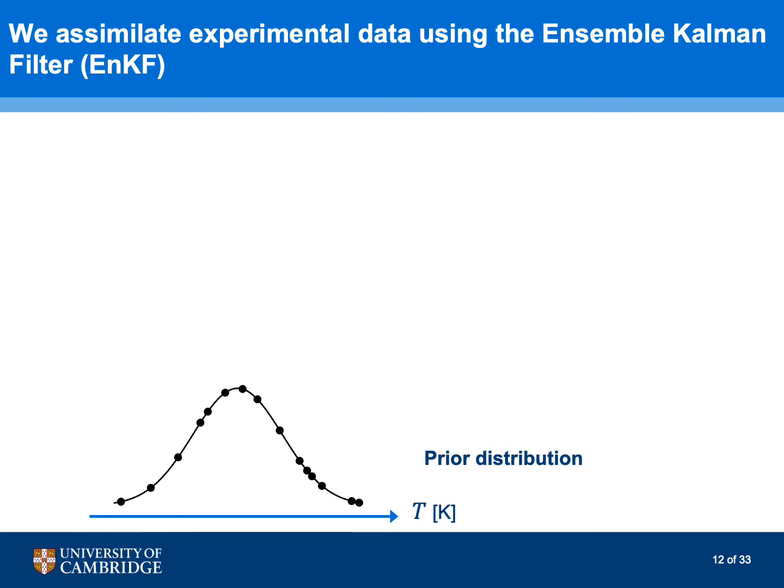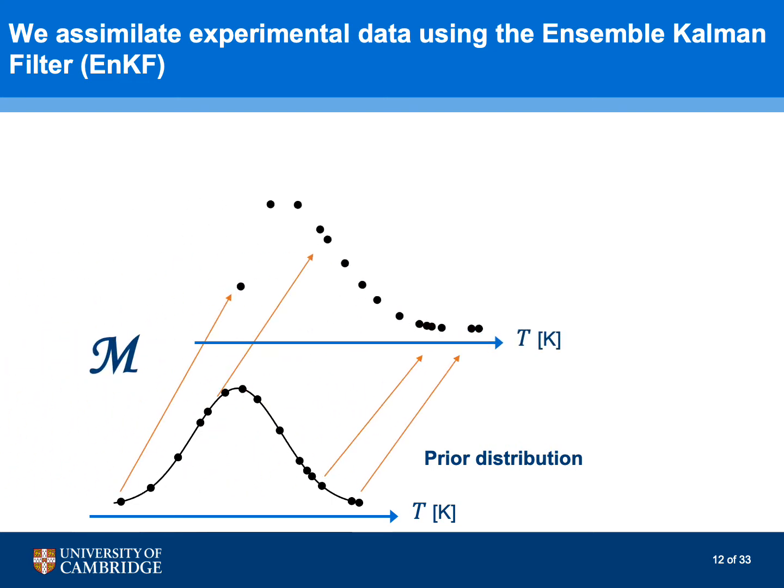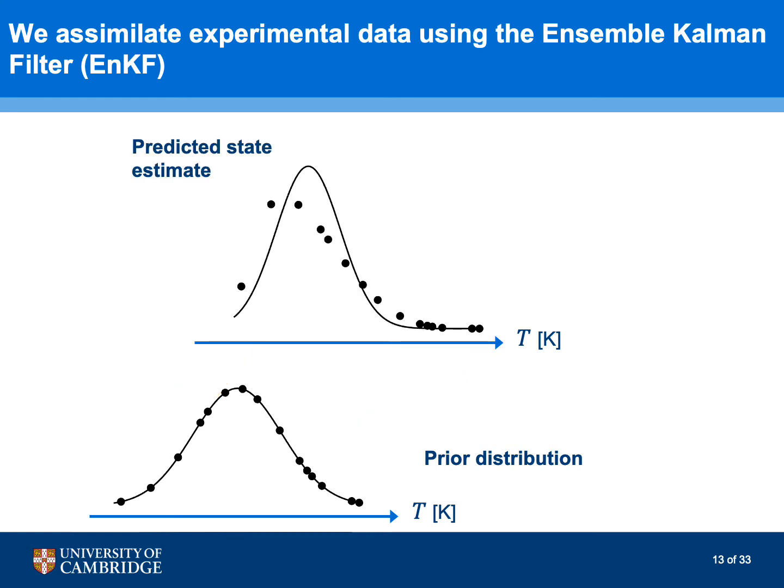Then each member of the ensemble gets transported to the new state through our model M. Notice that the corresponding new distribution is non-Gaussian if the model is non-linear, like in our case. We then approximate this new distribution with a Gaussian distribution. The estimate of this state, which we call the predicted state, represents the knowledge we have purely based on our model.